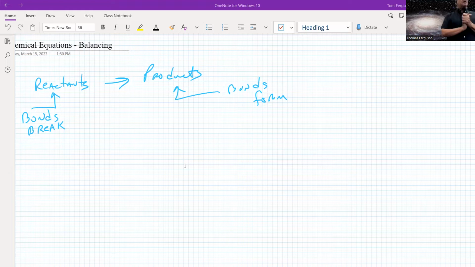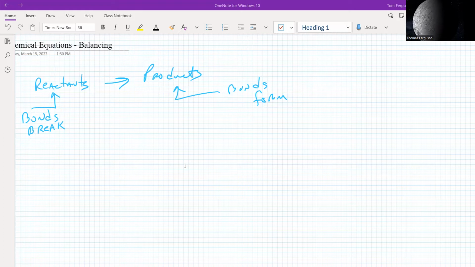Okay, so let's talk about a reaction. A reaction has two parts, reactants and products. Now, for a reaction to happen, the reactants need to be broken up. So bonds need to be broken. That requires energy. So all reactions require energy to start, just like when you're starting a fire.